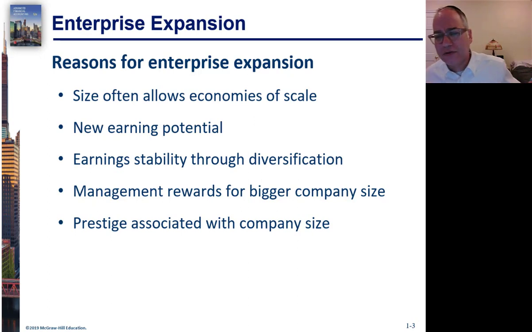Earning stability through diversification. I'm going to talk about diversification in just a moment. But basically what diversification does is if you acquire different types of businesses, then you'll have a more stable earnings flow. And this comes out of investment theory. Investment theory says that investors should invest in what's called a well-diversified portfolio.